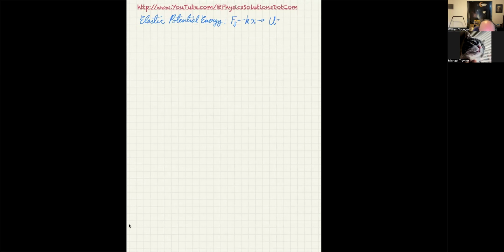U turns out to be the work done, and what we found was that the potential energy is 1/2 kx squared. Whether there is a compression by an amount x or a stretching by an amount x, it's always 1/2 kx squared. So U elastic of x is equal to 1/2 kx squared, like your book has it.